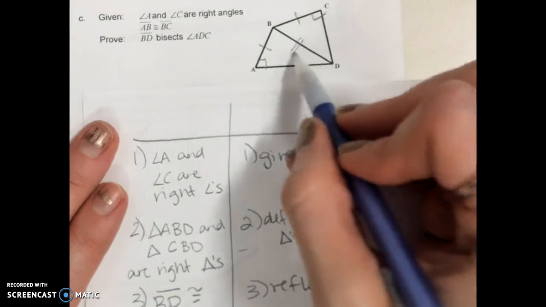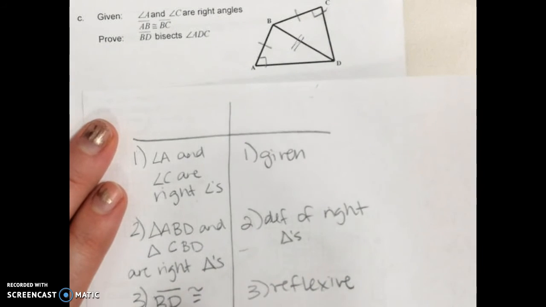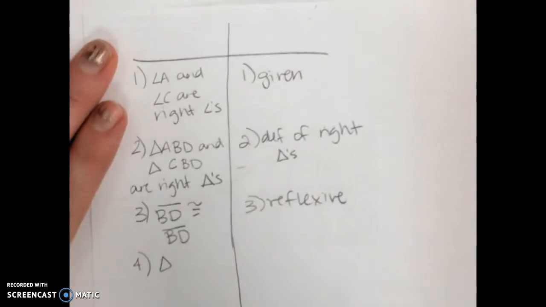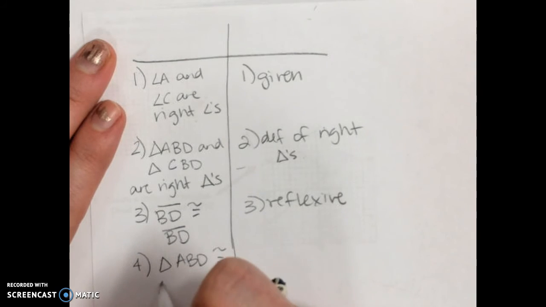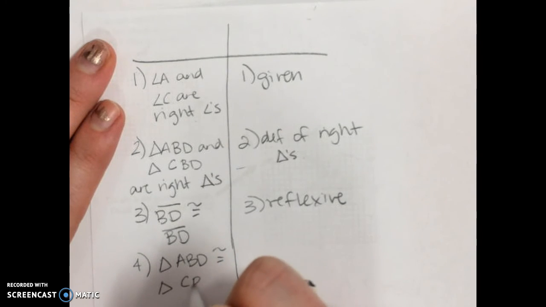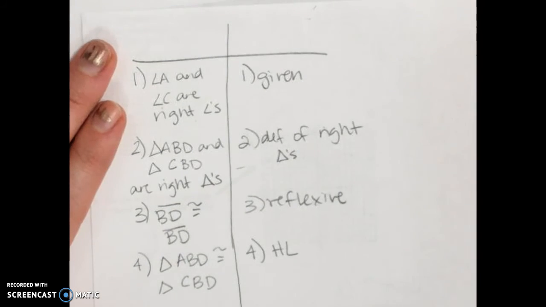And now I can say that they're congruent for the HL. So triangle ABD is congruent to triangle CBD. And that's HL.